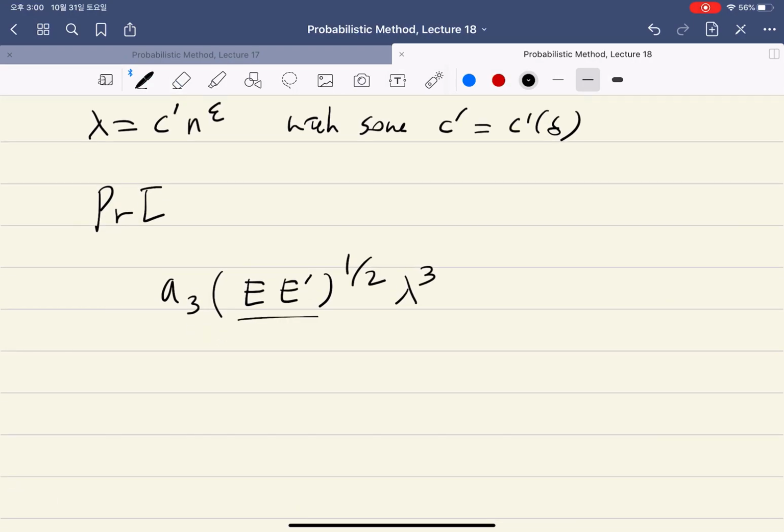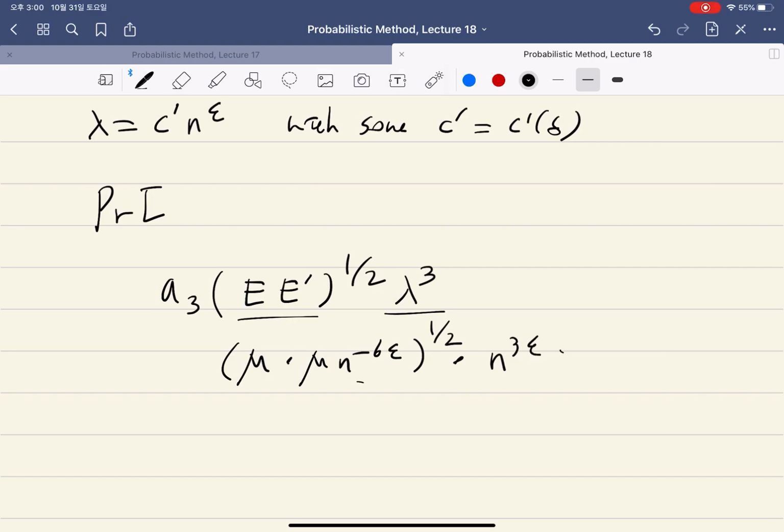And here what you have is mu, and mu times n to the minus 6 epsilon, half, times lambda to the 3, so n to the epsilon.